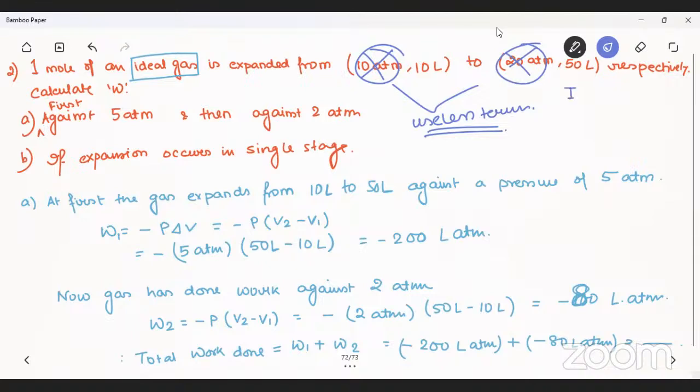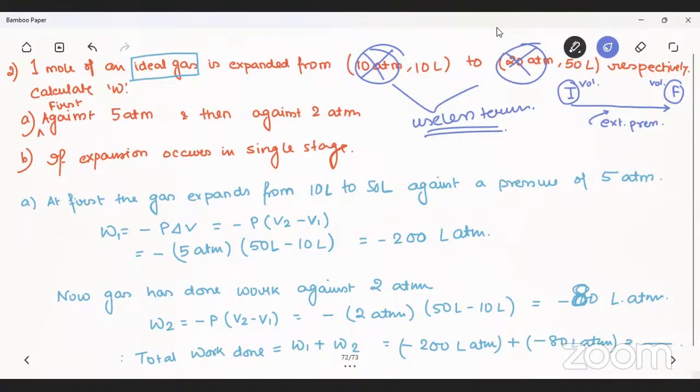This is the initial state of the gas. This is the final state of the gas. When a gas moves from here to here in this direction, we are more concerned about the external pressure that influences this gas, not the pressure here or here. For these two states, we are just bothered about the volumes. Is this part clear? Why are we not considering this 10 atm and the 20 atm?